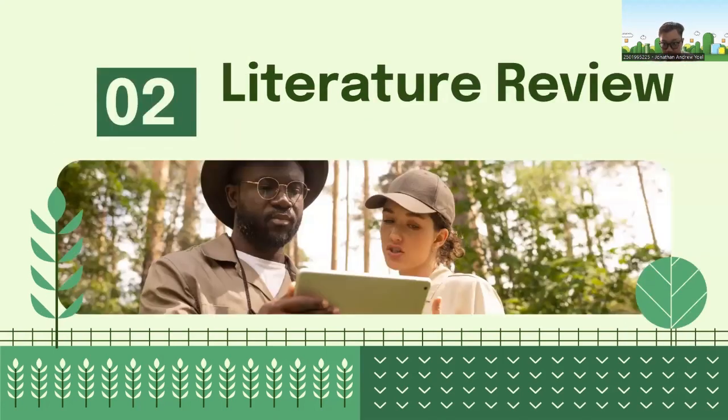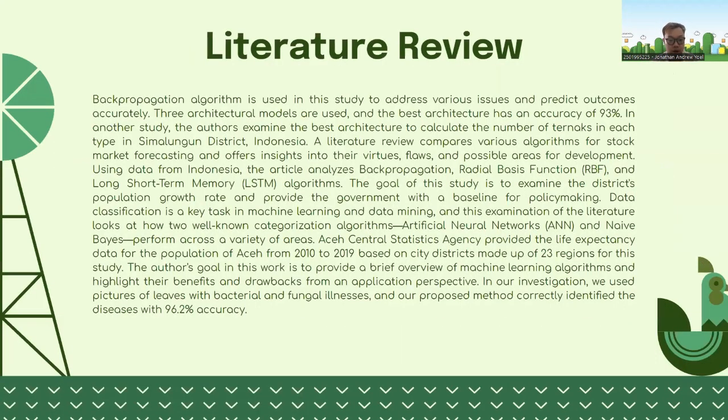Next, about the literature review. Based on our previous research papers and journals, we have obtained several insights that will help our research. Among them, backpropagation is an algorithm that can produce quite high accuracy compared to algorithms commonly used to predict an event, such as radial basis function or RBF, long short-term memory LSTM, and cyclical order weight or bias.